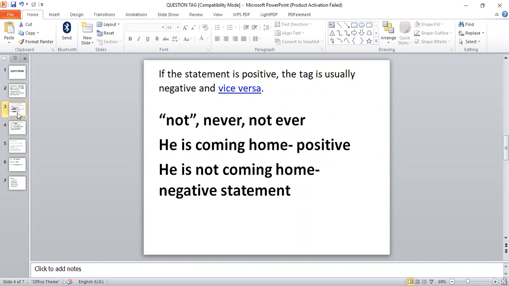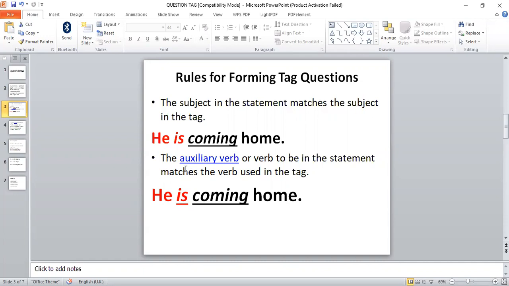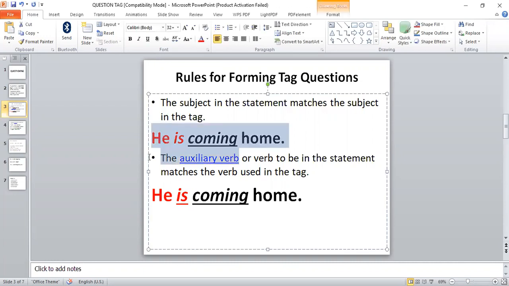Now, going further on the second rule. The highlighted auxiliary verb here means that we may not only have the verb to be in a sentence as the auxiliary. Remember, we have three non-modal or primary auxiliaries in the English language: the verb to be, the verb to do, and the verb to have.